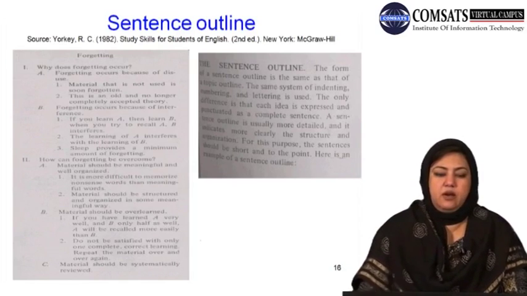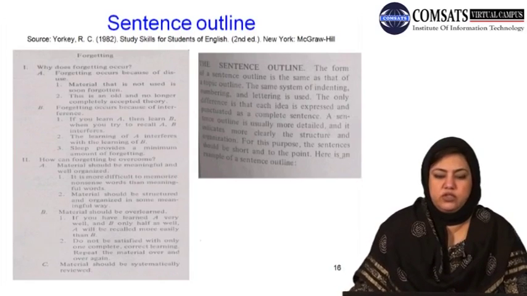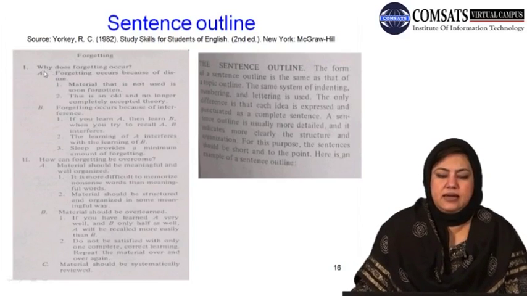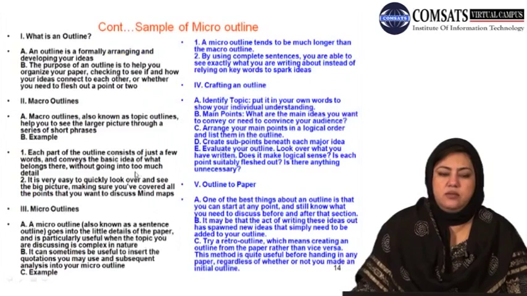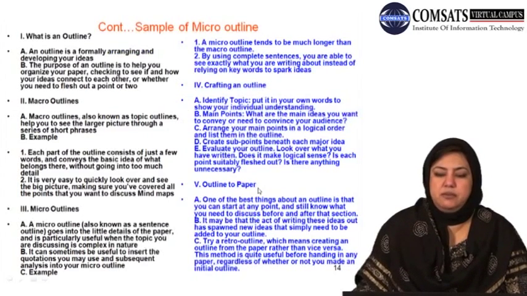So the purpose again of showing this outline to you was twofold. One, to show you the nature of the choices that are made, that the main headings here. If you go back and you look at what we did here, you see what is an outline: macro outlines, micro outlines, crafting an outline, outline to paper. In this case, you would have seen most of the times phrases are used as the main headings.